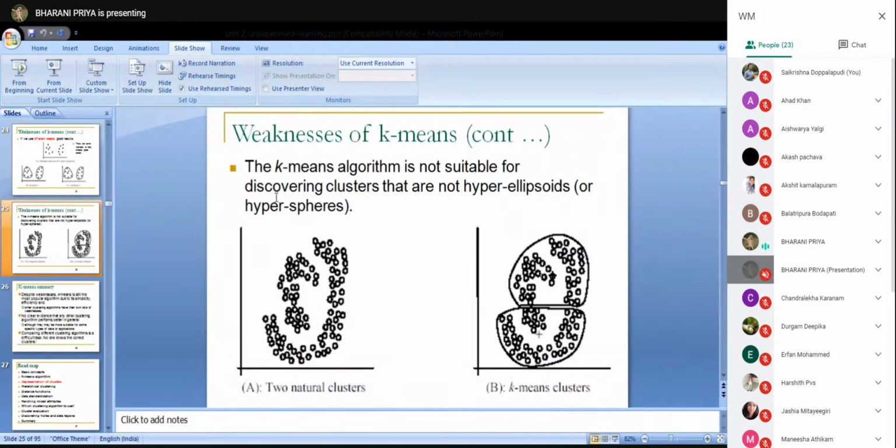Another weakness is that the K-means algorithm is not suitable for hyperellipsoids or hyperspheres. So if the data is like this, you cannot cluster the data.